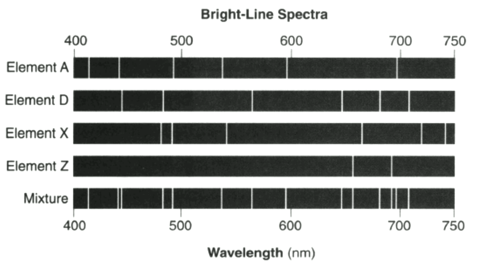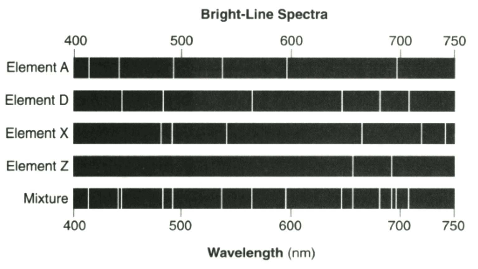As you move further and further down, you can eliminate element X completely. None of the lines that are formed in the mixture match with any lines in element X. So this mixture contains elements A, D, and element Z.